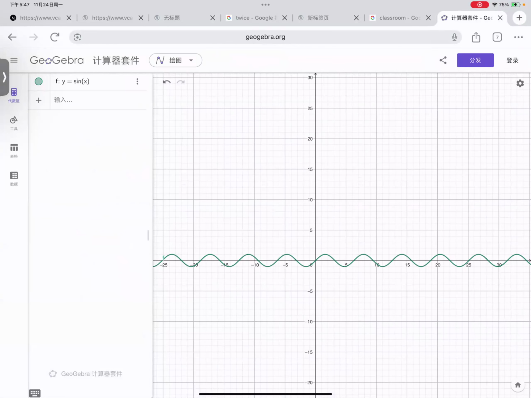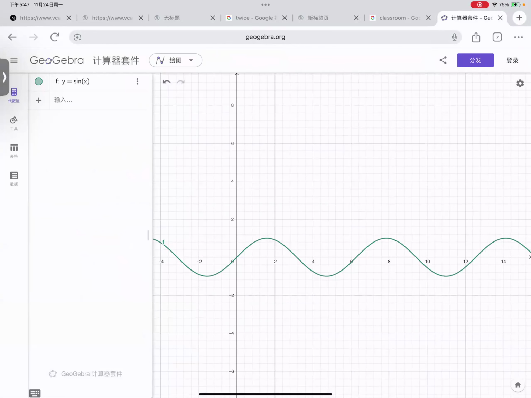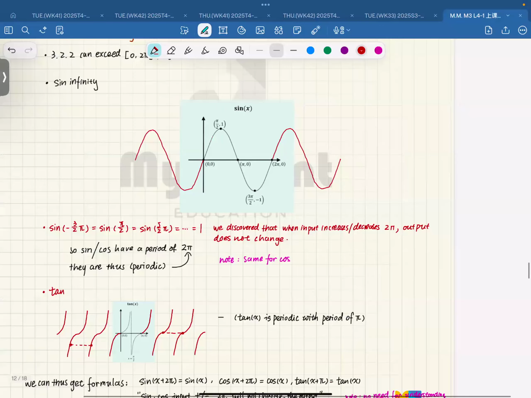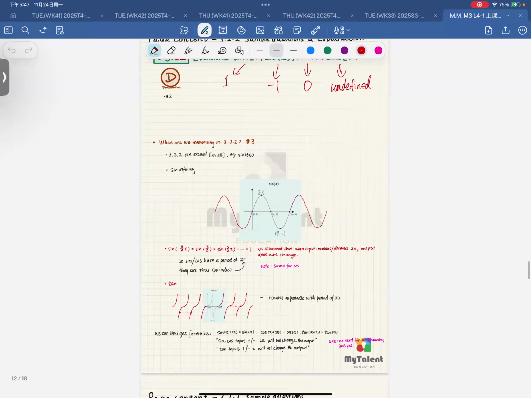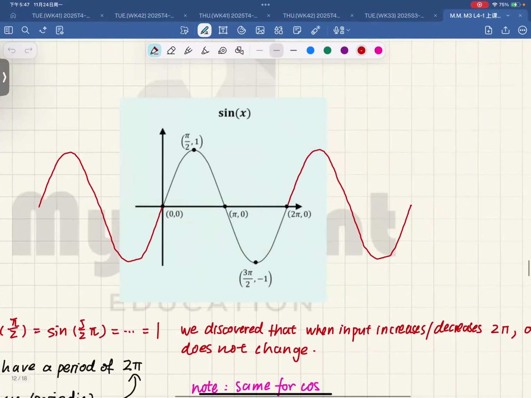If I have this point, y is equal to 1. At this point, y is also equal to 1, but the x is different. Let's say that's x1, that's x2, that's x3.